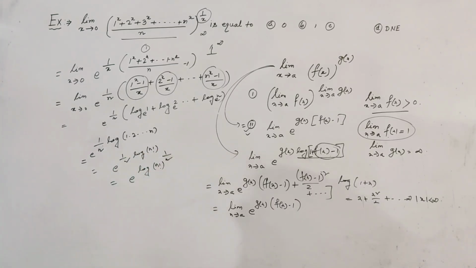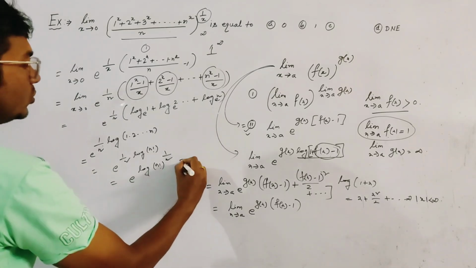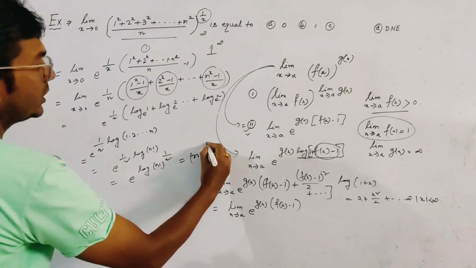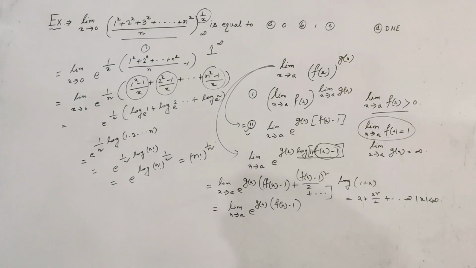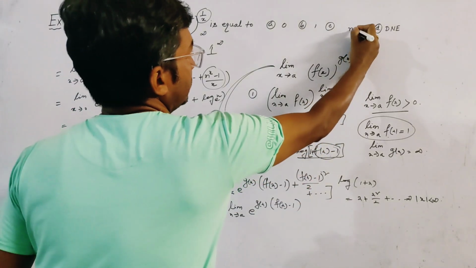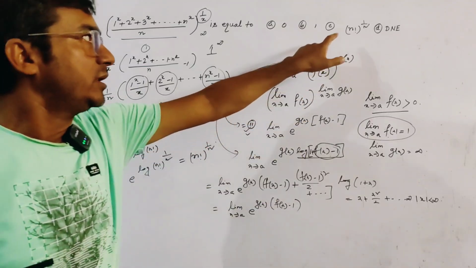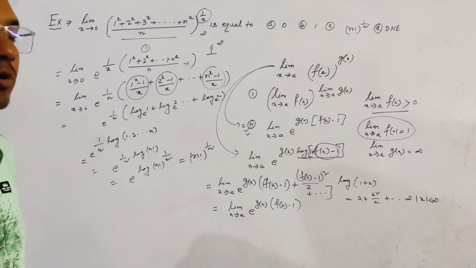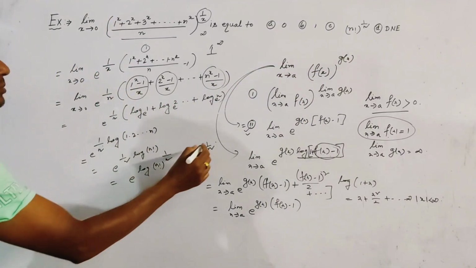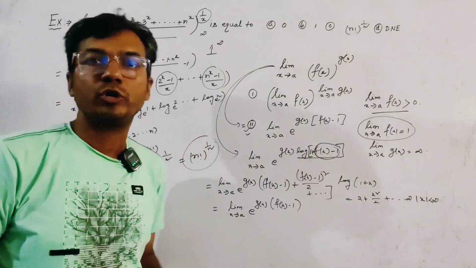So we get the limit as n factorial to the power 1 by n. The correct option is n factorial to the power 1 by n; I changed the option because there was a wrong option. This is the value of this limit, and this is a very important type of limit.